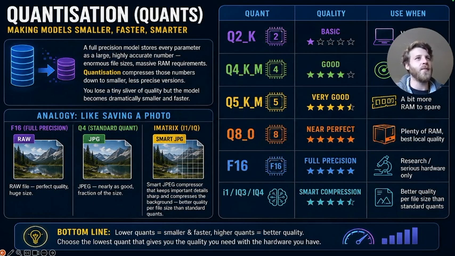And if we think about it, we have our F16 full precision. That's like a raw image that's been taken. We have our JPEG, which is compressed down to support file memory when saving it to a computer or transferring it or sending it as an email. So it's nearly as good as the original, but it's just a fraction of the size. And then an iMatrix can be thought about like a smart JPEG.